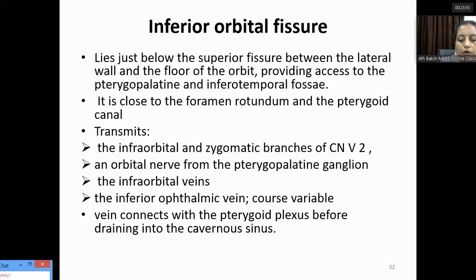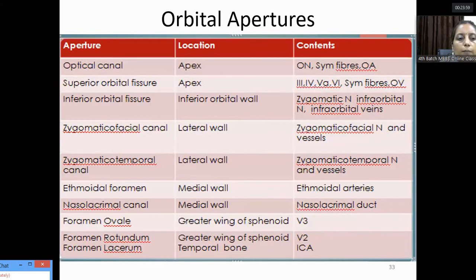So these are the different orbital apertures, their locations and contents, which are summarized in the table.